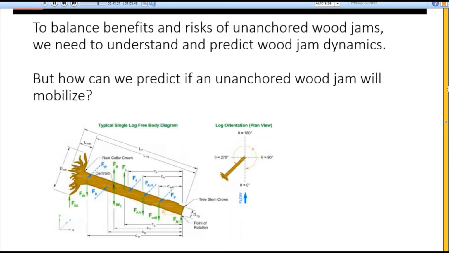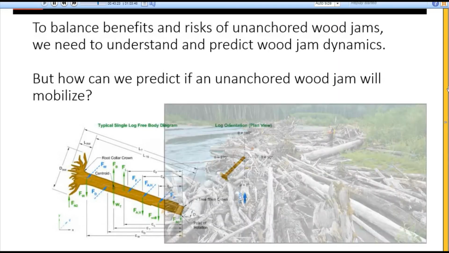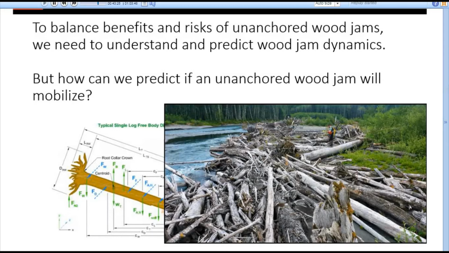Now this is great, especially for individual logs, but it really starts to get difficult when you're working with jams with hundreds or thousands of logs, or where you can't just cut the jam open or refer back to a CAD design to figure out the dimensions of the logs, stuff like that.